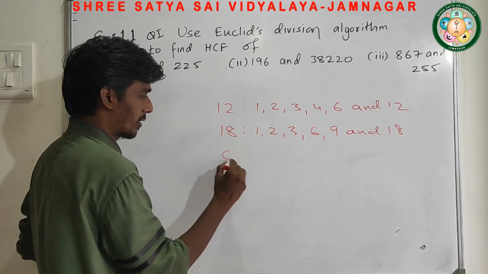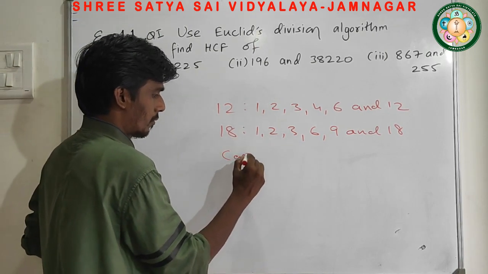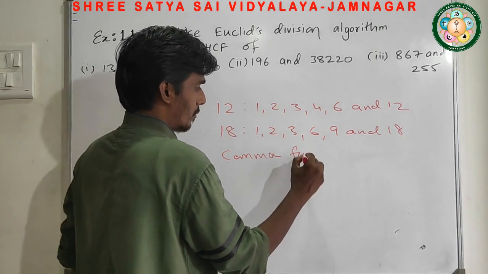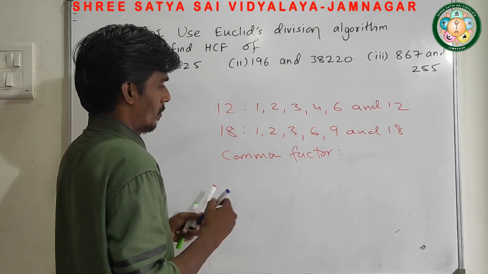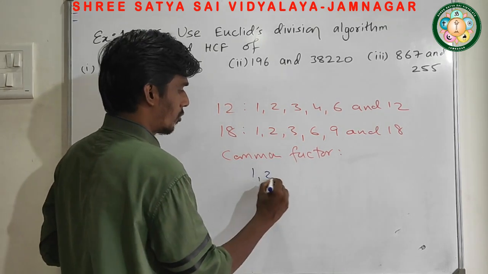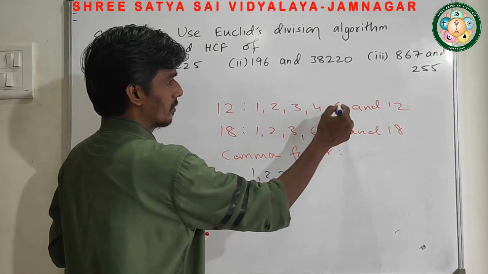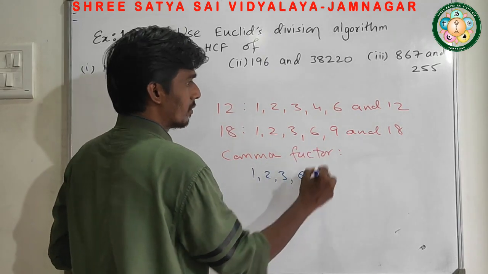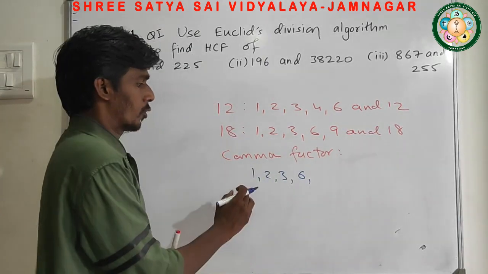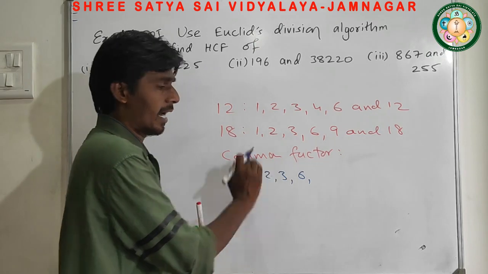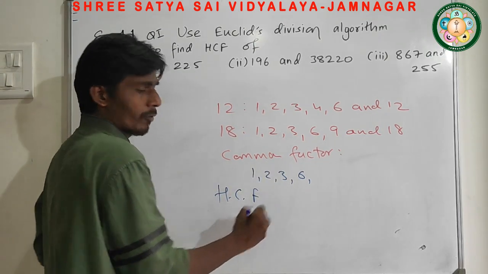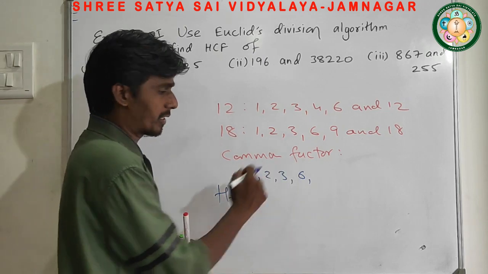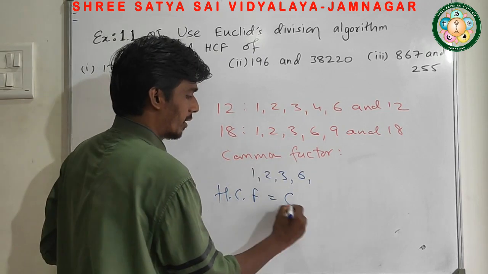Write down the common factors. 1, 2, 3 and 6 are common, and nothing else. Now I want the highest common factor, and the highest one is 6.